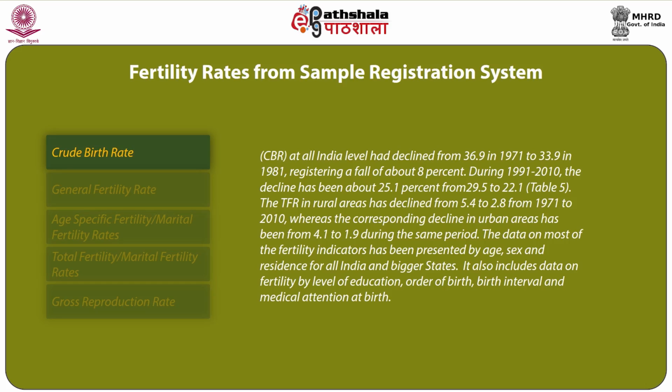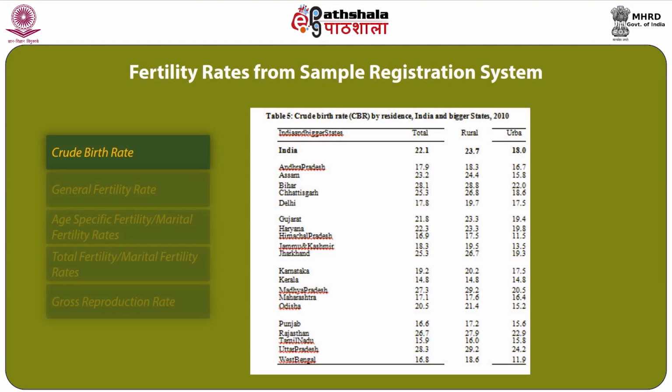It also includes data on fertility by level of education, order of birth, birth interval and medical attention at birth. The table provides the indicators referring to crude birth rate categorized separately for residents, India as a whole and bigger states for the year 2010.